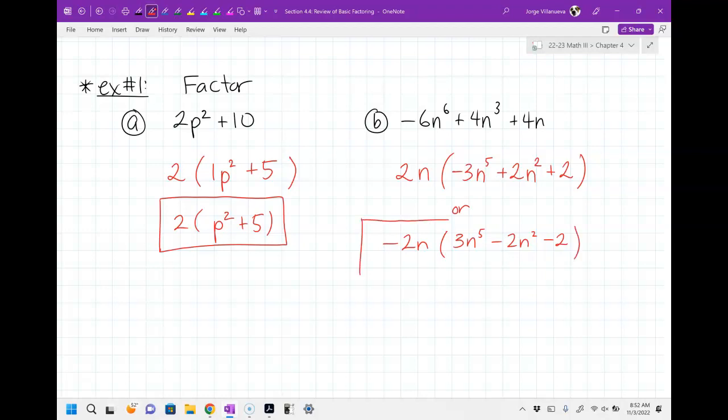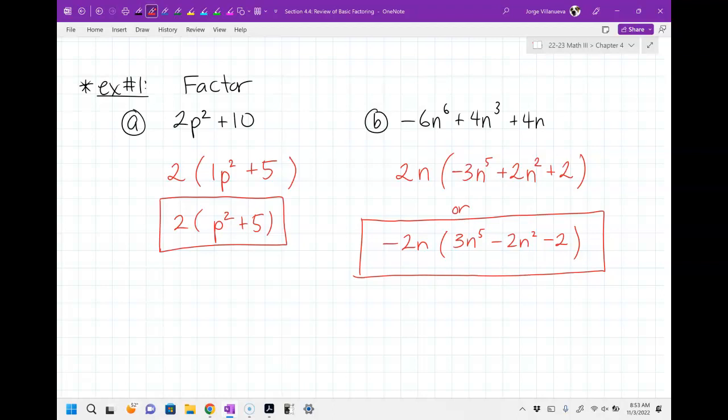And this is usually the answer you see most people write down in books, on answer keys and stuff like that, because they don't like to see that negative in the parenthesis, just kind of in the front. So they factor it out as well. Okay? It switches positives to negatives and negatives to positives. So that's what it does.